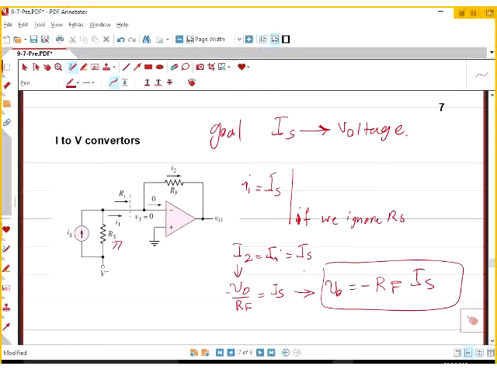Make sense? One more time, what was your question? What does RS matter?